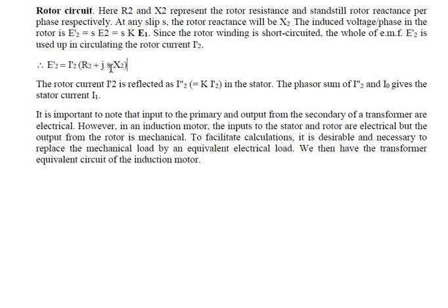This is for the running condition. That's why we have to consider slip with the rotor reactance. The rotor current I2 dash is reflected as I2 double dash, which is K I2 dash, in the stator. So the phasor sum of I2 double dash and I0 gives the stator current I1.